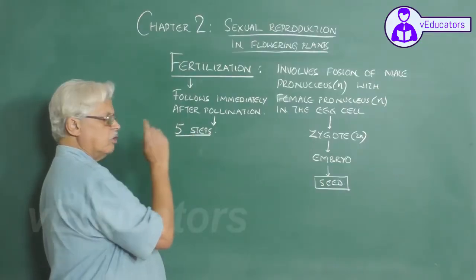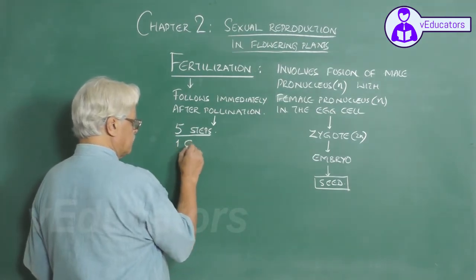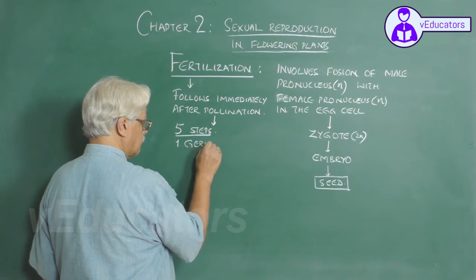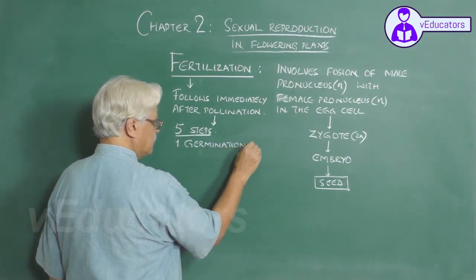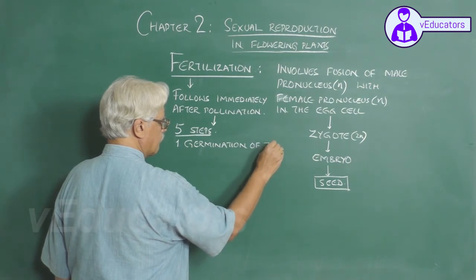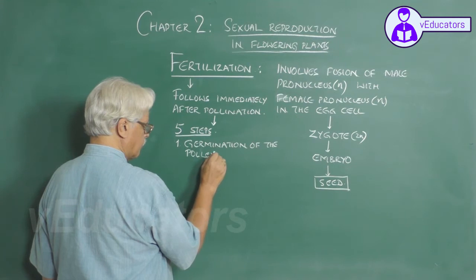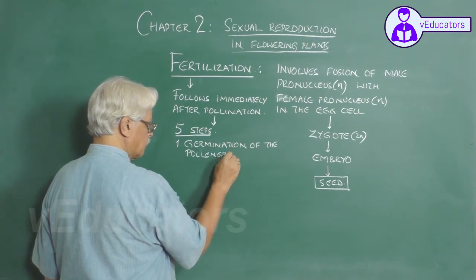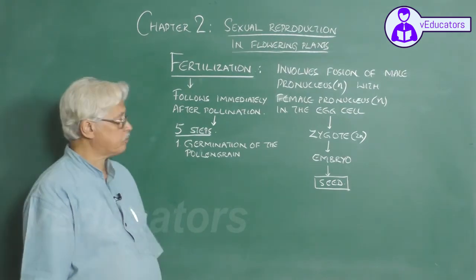Fertilization involves 5 steps. The first step is germination of the pollen grain.